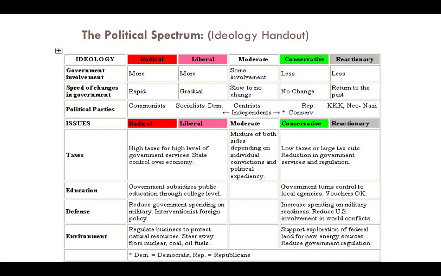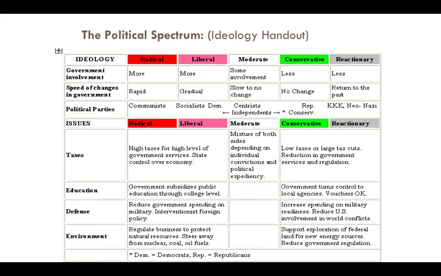Looking at the political spectrum, you're working on your notes sheet chart. There are several different things on this chart that you need to notice. We're looking more at liberal versus conservative.